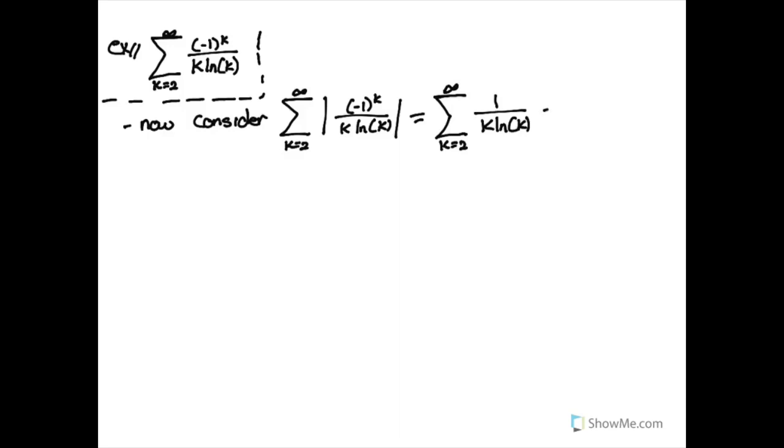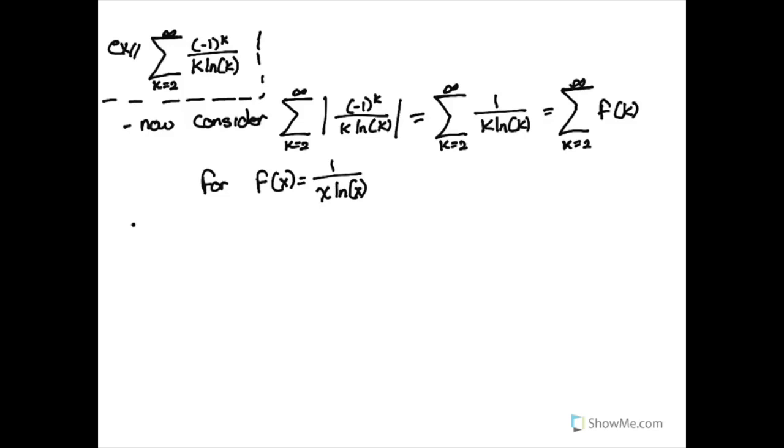And furthermore, you can see that this is equal to the series of f of k from k equals 2 to infinity, where f is for f of x equal to 1 over x ln x. Right? So now we're going to try to apply the integral test here.